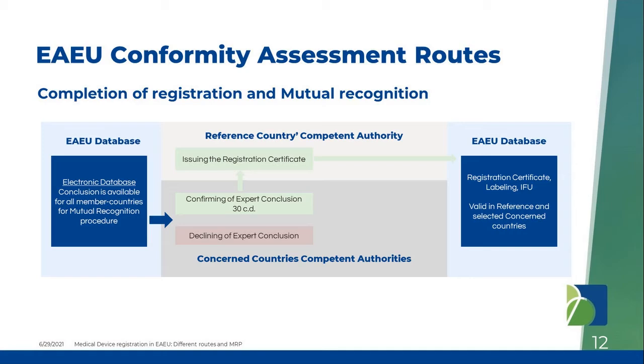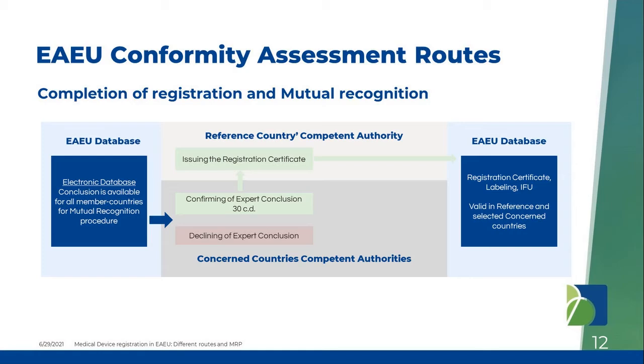Please note that on this stage, the concerned country should check the correctness of the translation of the IFU or manual of use into the national language. So it's also important to have a good translation into the national languages.